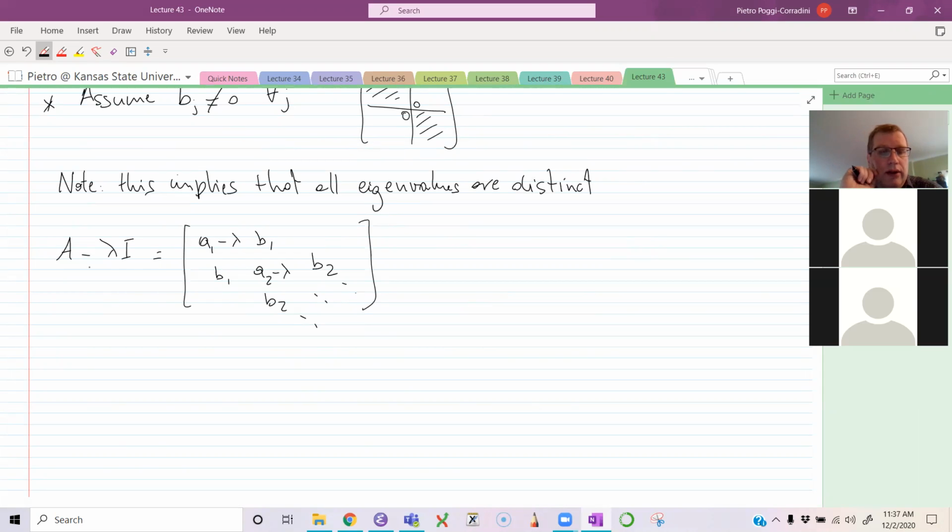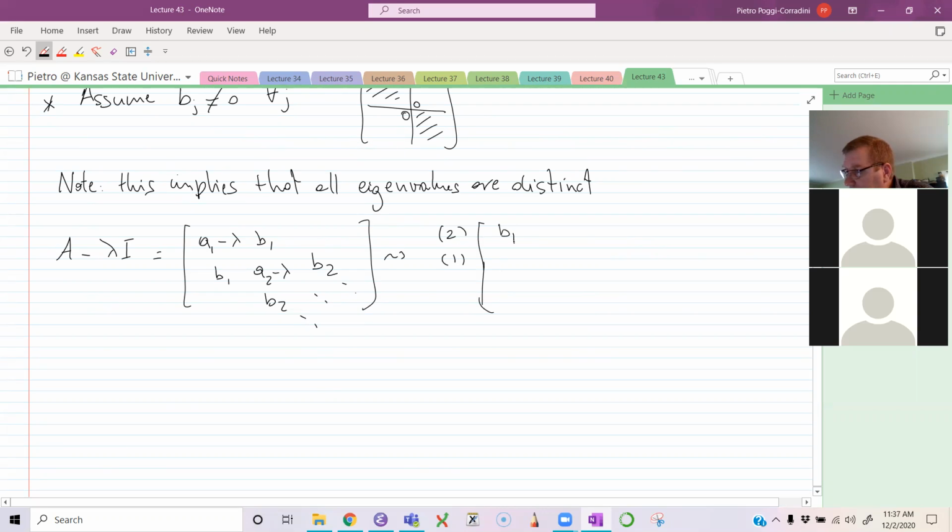So how do you do that? Well, you could, for instance, do Gaussian elimination. And so when you're presented with this and you're trying to do the reduced row echelon form, and you know that b1 is not zero, right? You don't really know much about a1 minus lambda, but you do know that b1 is non-zero by hypothesis. So the first thing you might do is swap rows 2 and 1, right?